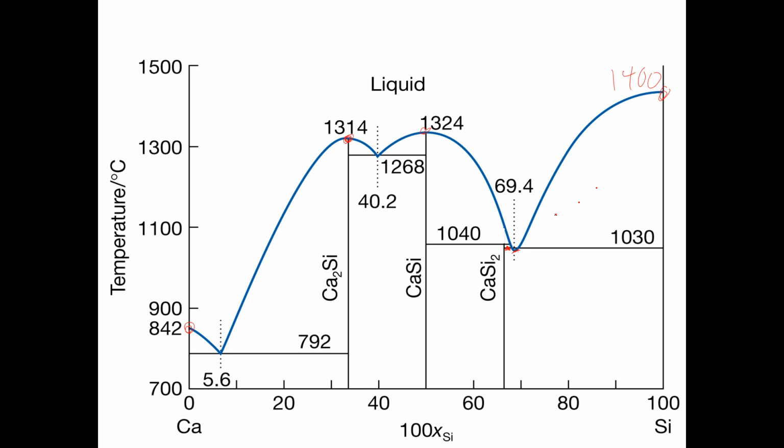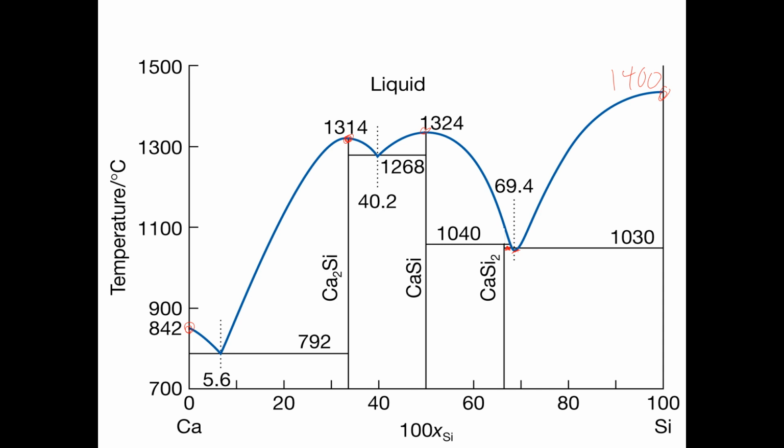It drops about 50 degrees before it gets higher. Yeah, it's so strange. So you just put a little bit of this high melting silicon into calcium and you actually drop it. Why does it drop? Entropy. Again, a lot of this behavior is entropic. And so you make something impure, it gets a lower melting point, and it favors a homogeneous mixture.